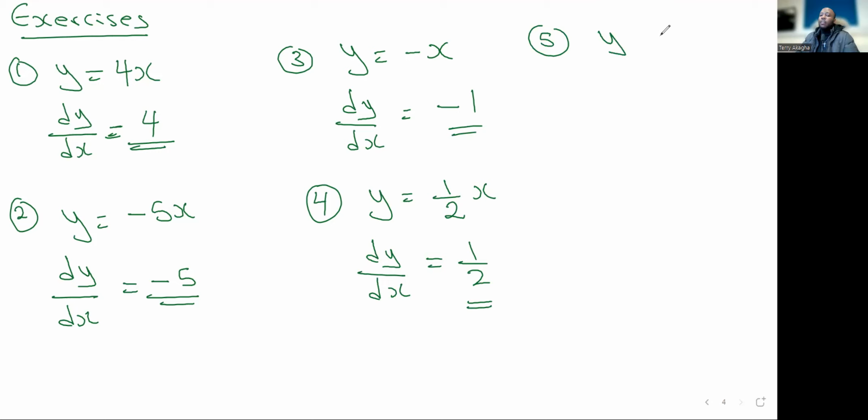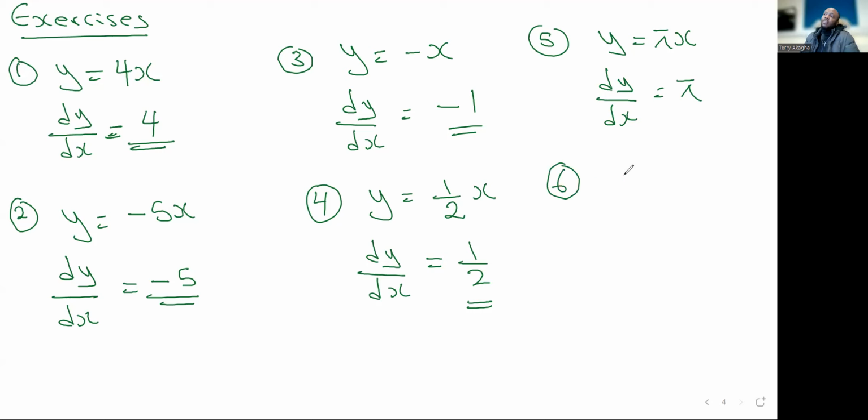Okay. Number 5, we have y is equal to pi x. Sorry, pi x. So dy over dx is going to be equal to what? Pi. Are you seeing it? Because pi is a constant here.